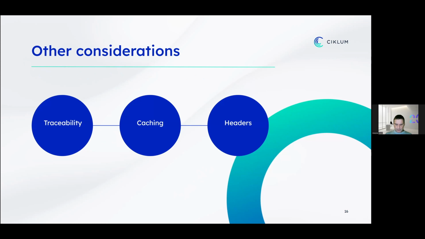And other considerations. One of the considerations was traceability. One thing that we are working on right now is to add some kind of header or token which allows us to trace every operation that is going on our website back to the backend, back to the database parts, back to the APIs that we use, just to make sure we can trace every operation that happened during the day to investigate malicious and suspicious activity.